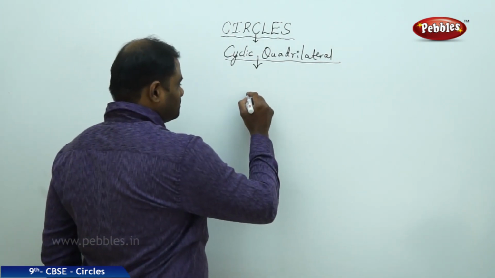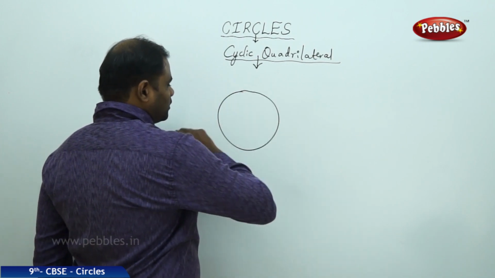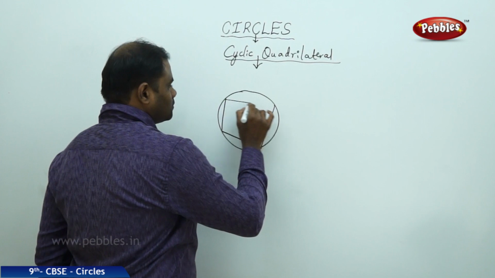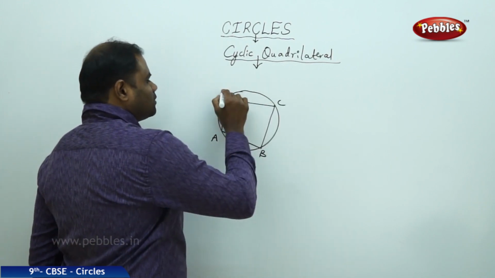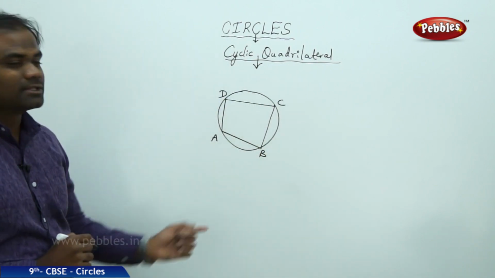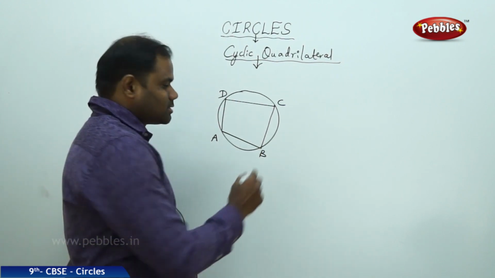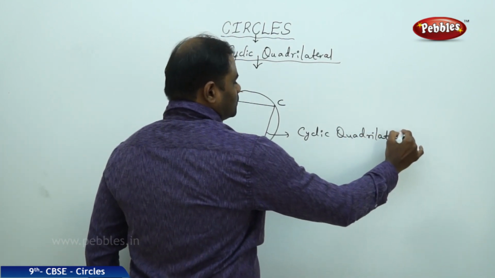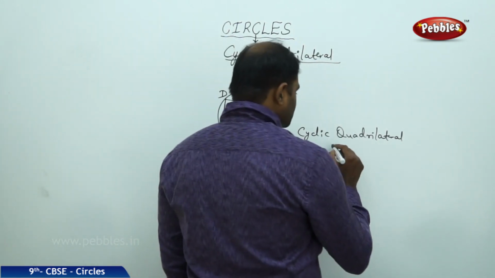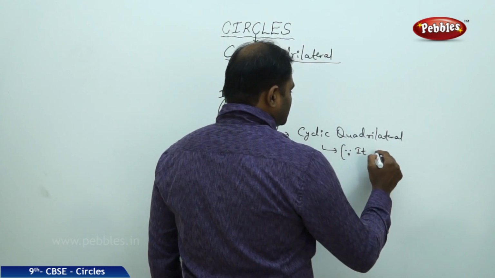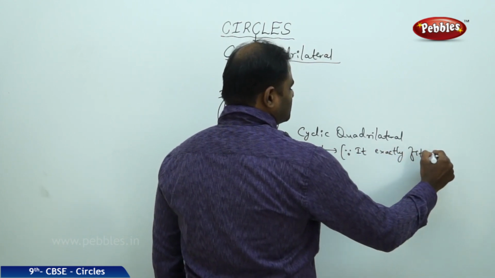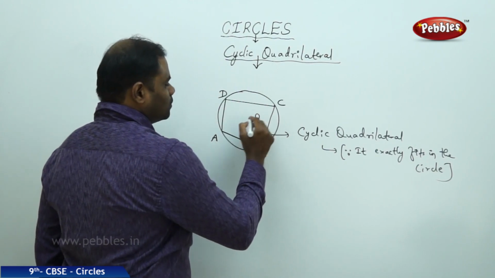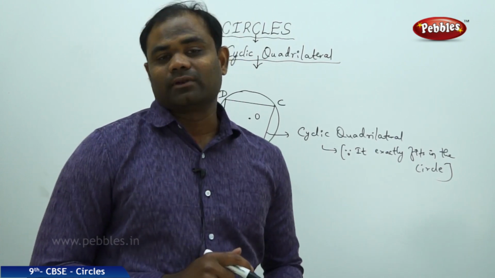So for example, the quadrilateral ABCD clearly fits in this circle, and hence this quadrilateral is called a cyclic quadrilateral, because it exactly fits in the circle with center O.